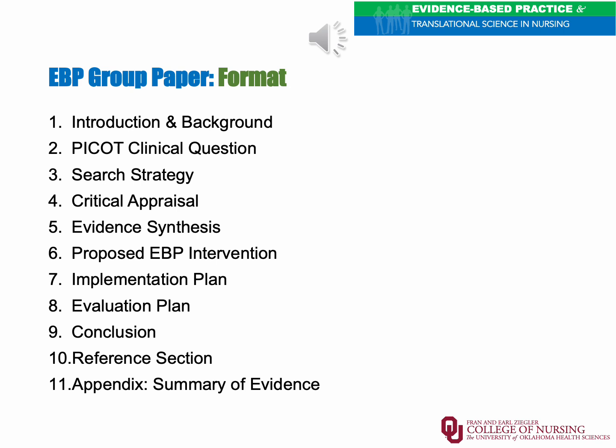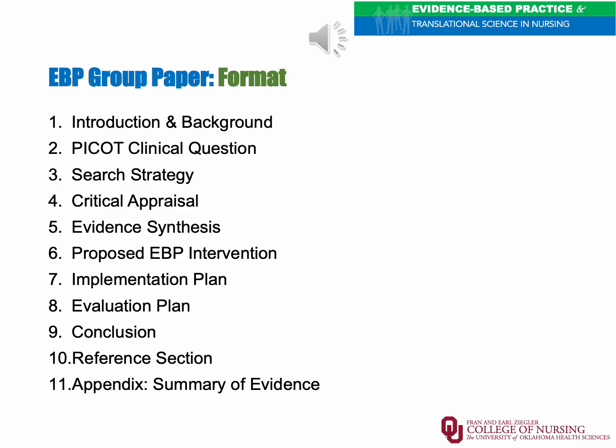Of course, the next section talks about your proposed EBP intervention. Here, students will propose an evidence-supported practice change. And of course, you need to explain how the recommendation is linked to your appraisal findings. The next section is the implementation plan.